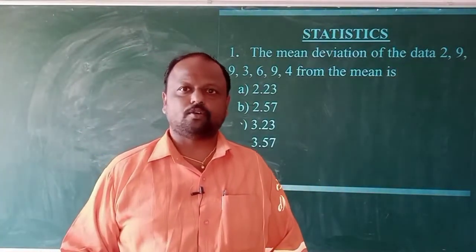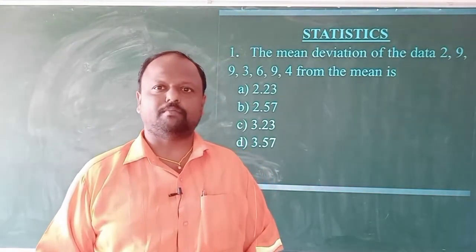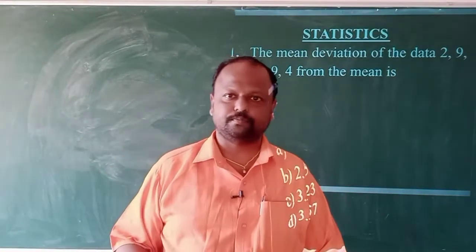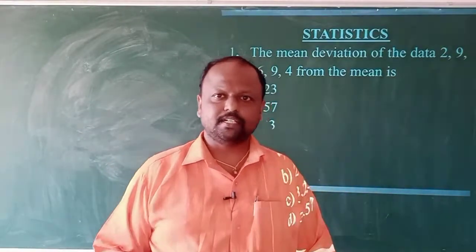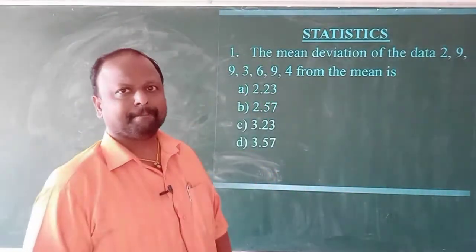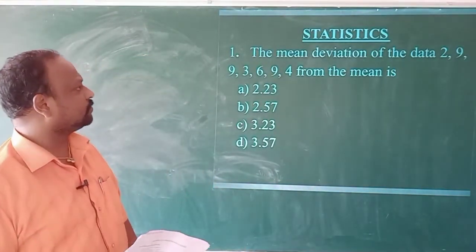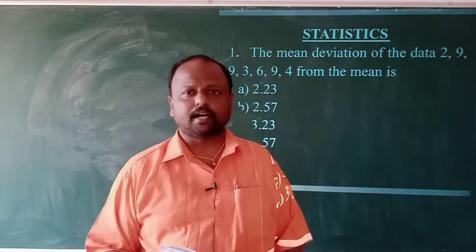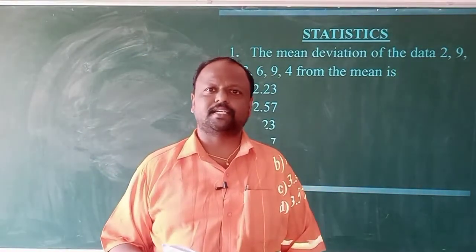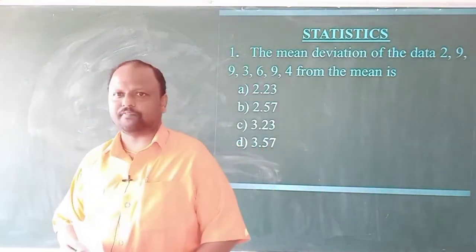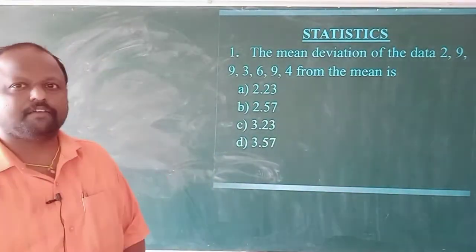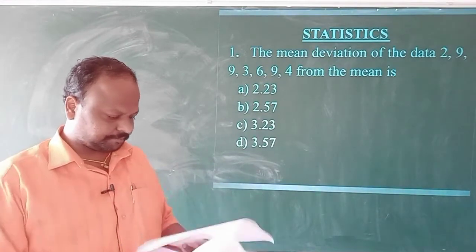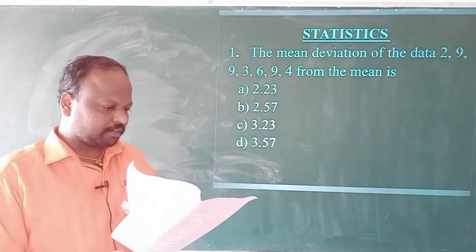Usually one question will be there in CET among these formulas, and also regarding the statements. And in statistics, I will explain the steps and write the final calculation directly, and we will solve the problems. In statistics, we have many formulas.